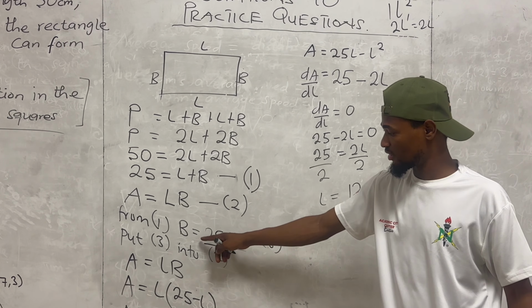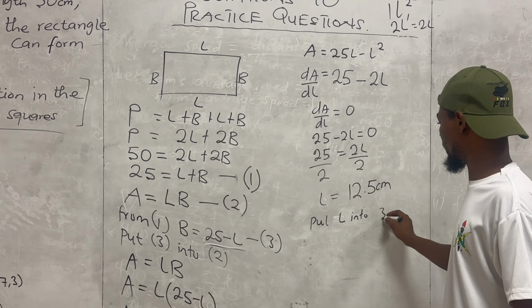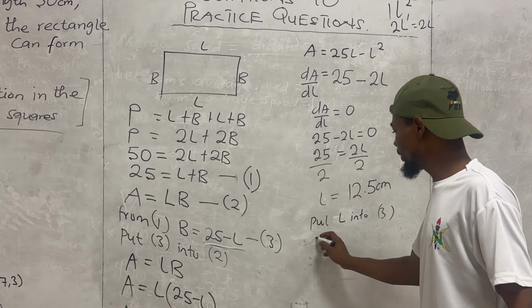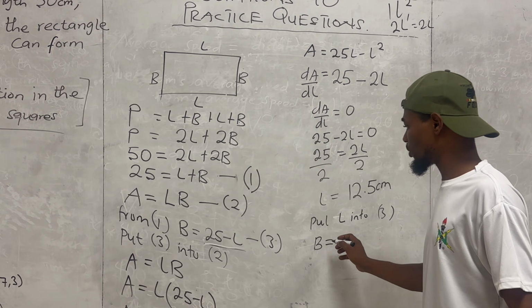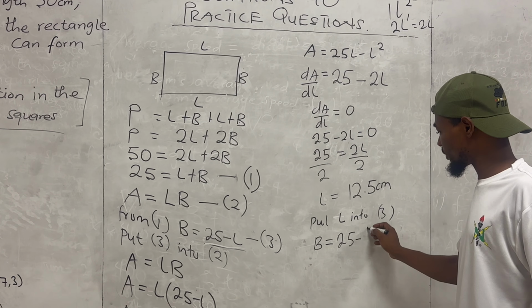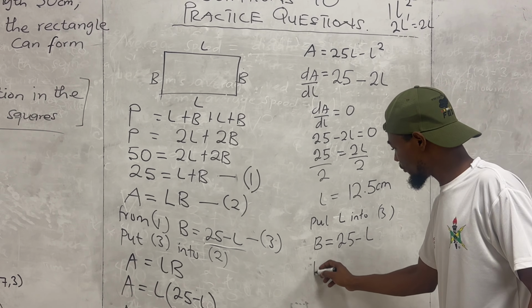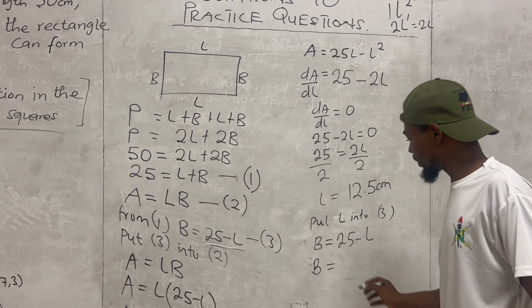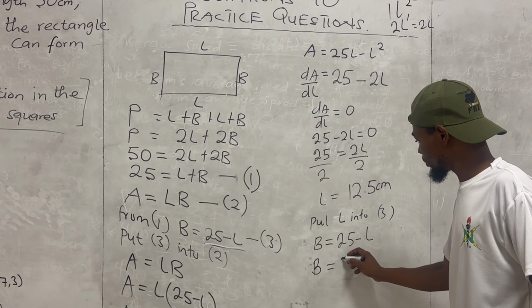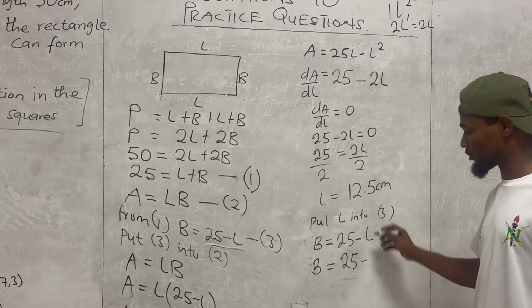Equation 3 here. Into equation 3, I have B is equal to 25 minus L. What is my L?